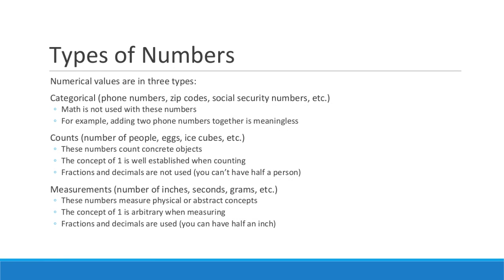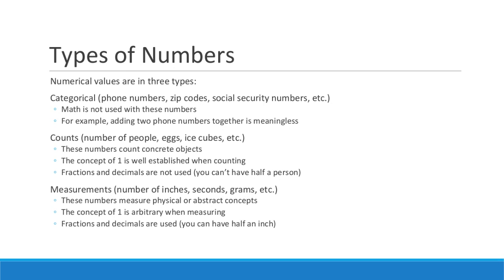And so concept of 1 is kind of arbitrary. And I use that word when we're talking about 1 as a measurement as opposed to 1 pig. So 1 yard can be applied many more ways than 1 pig can be applied, right? And that's kind of the difference between numbers that we're talking about.